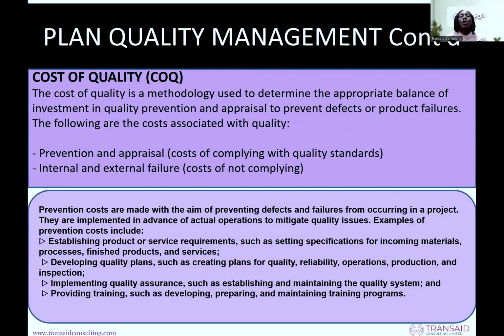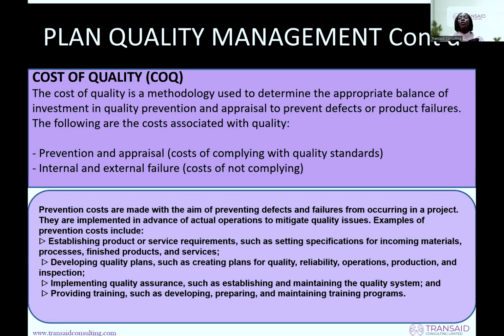So we have what is called cost of quality. The cost of quality is a methodology used to determine the appropriate balance of investment in quality prevention and appraisal to prevent defects or product failures. The following are the costs associated with quality. You have prevention and appraisal.